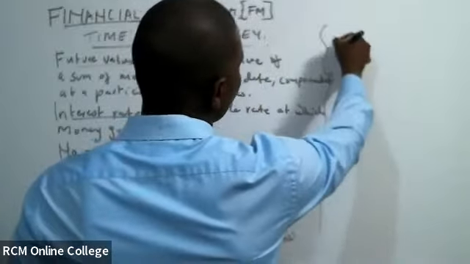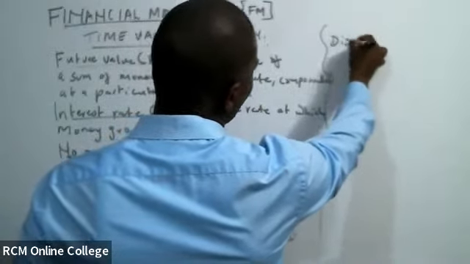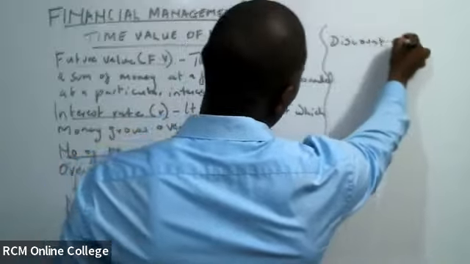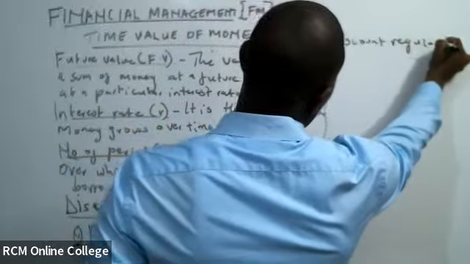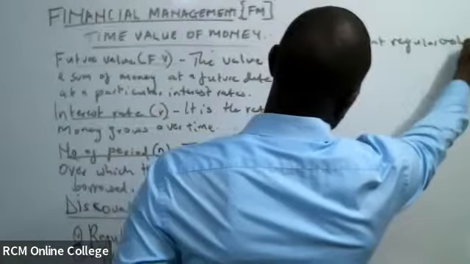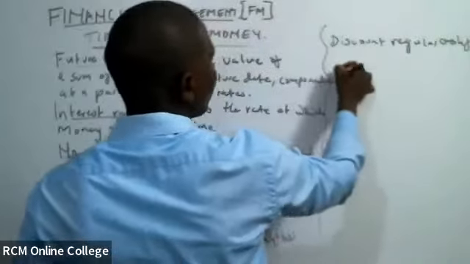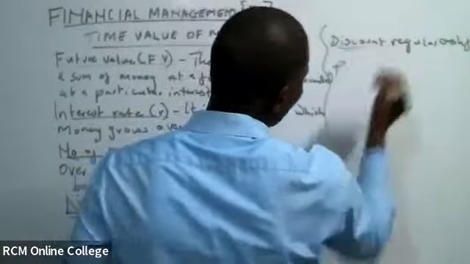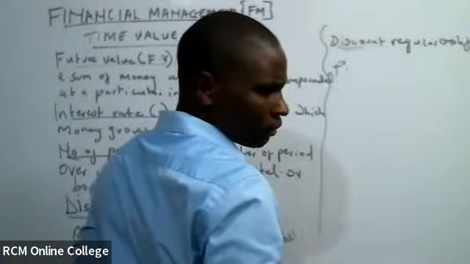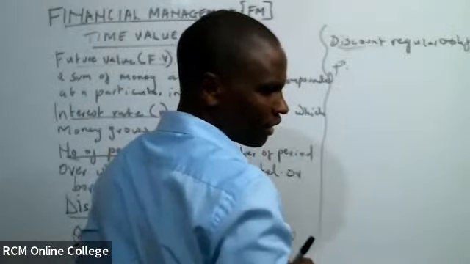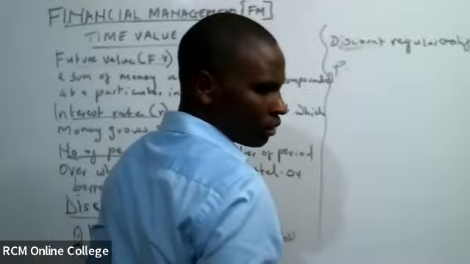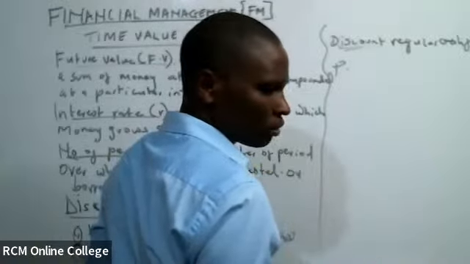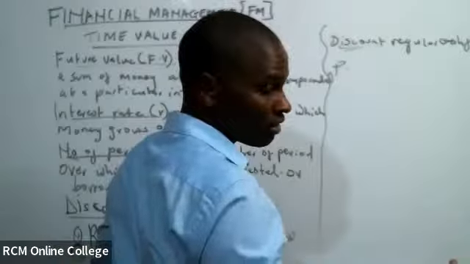So for instance, if I want to discount regular cash flow to get the present value: when I talk of discounting, it is to get the present value. Please note that if the examiner tells you to discount, the examiner wants the present value.